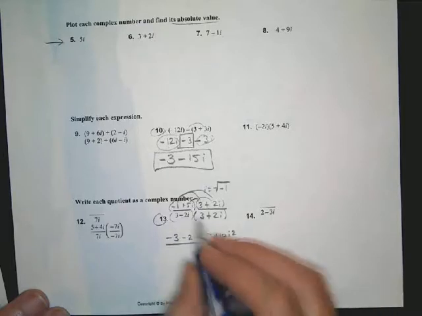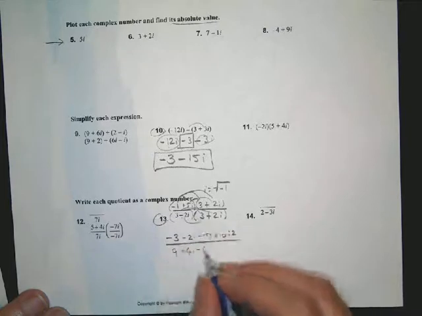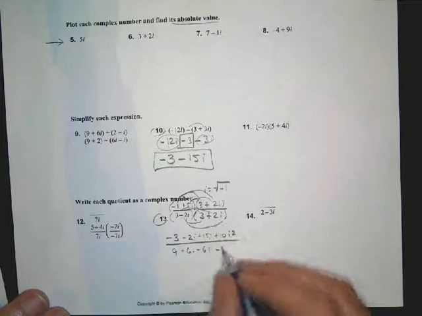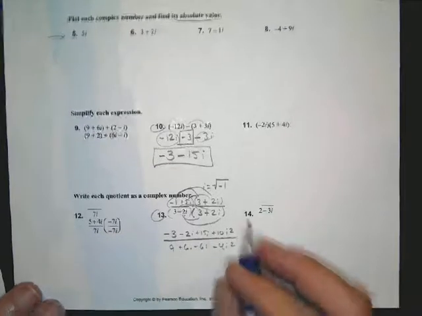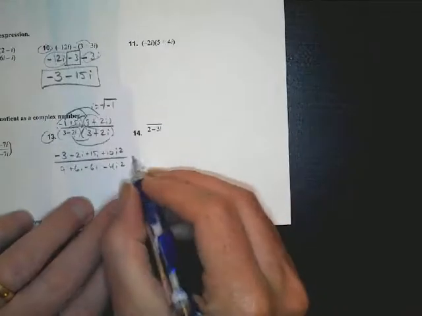On the bottom, I have 3 times 3 is 9, 3 times 2i is a plus 6i, and that becomes a minus 6i, and that becomes a minus 4i squared. To rewrite this here, I'm going to go ahead and slide over to the side a little bit. I like to go this direction.